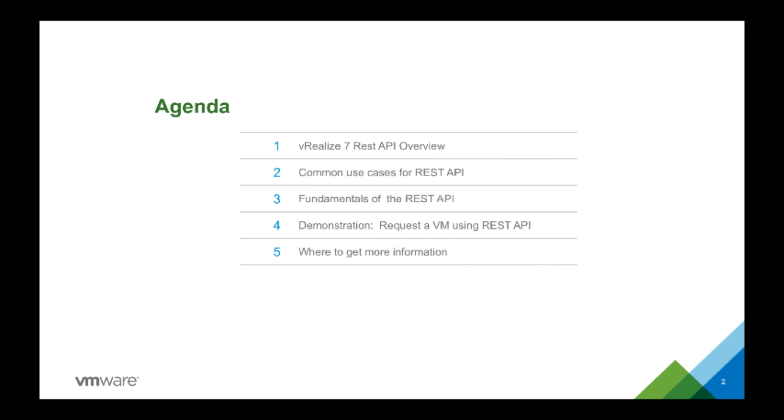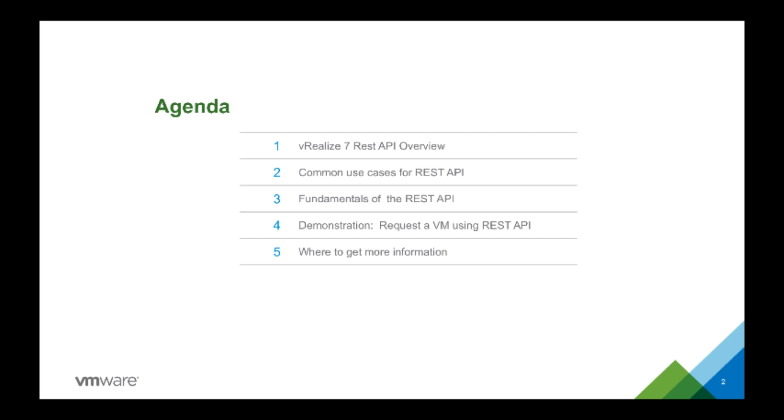So just a quick agenda. Like I said, we'll talk about the vRealize 7 REST API, just an overview of how that works. Then we'll go into some common use cases for why either your developers or systems integrators may want to use a programmatic interface versus actually clicking in the user interface, and then some fundamentals of the REST API in version 7 of vRealize Automation.